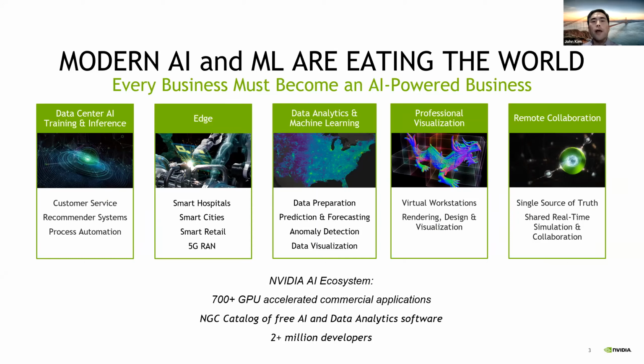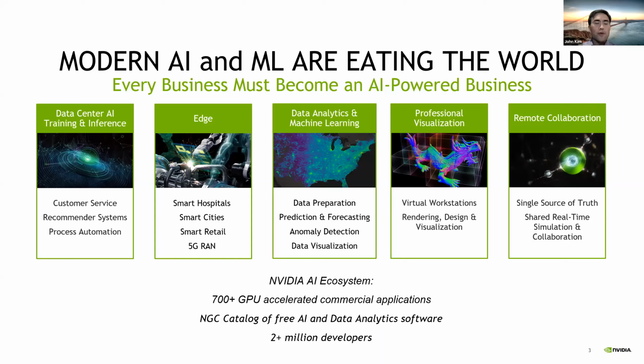But now, every kind of business is going to be an AI-powered business. AI and ML are going to offer analytics, better customer service, better product development, better quality control, visualization, and different benefits to pretty much every kind of business out there. So everyone needs to learn to deploy artificial intelligence and machine learning.